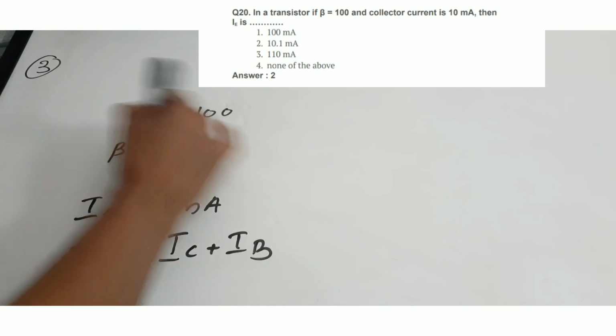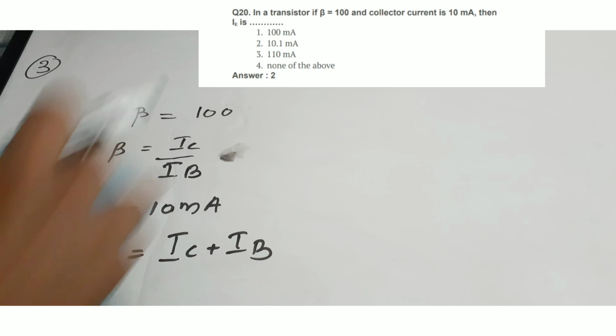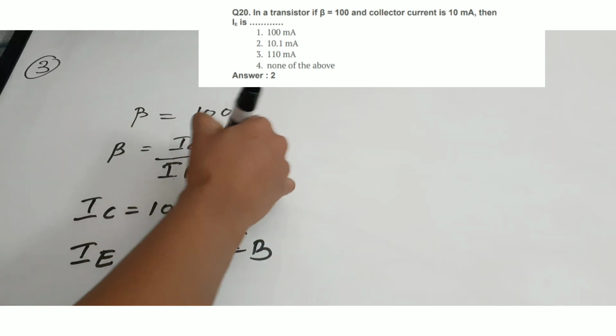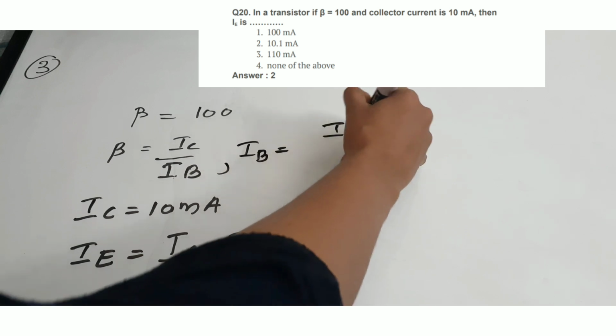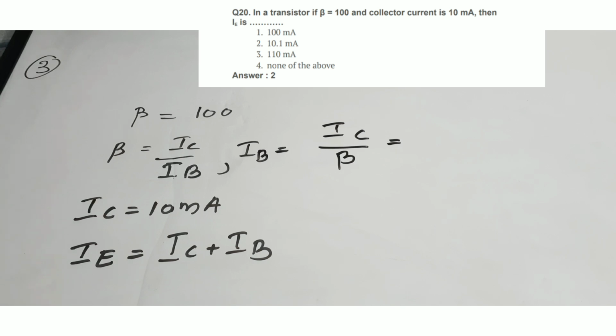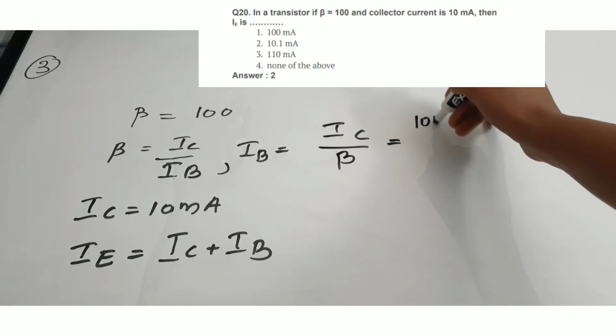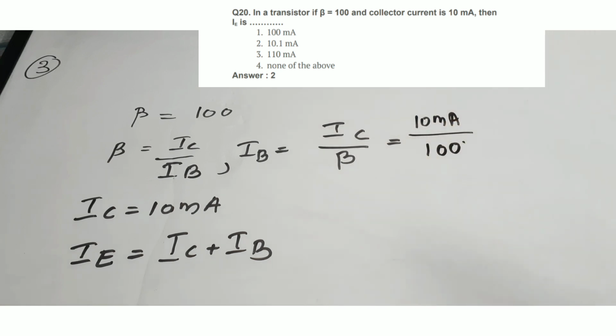From this expression I can write IB is equal to IC by beta, IC is 10 milliampere by beta is 100.